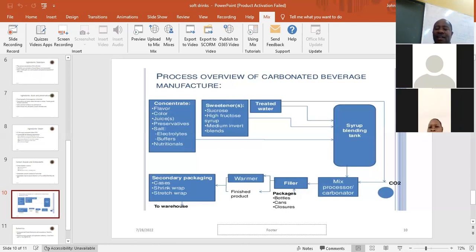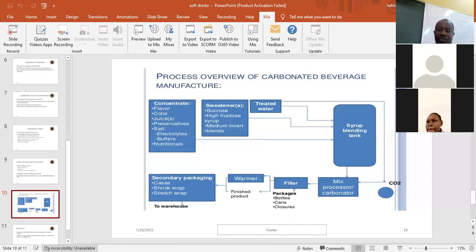So then after that, this is taken for packaging into bottles or cans or any other kind of packaging that is used. It could be plastic, it could be metallic, or it could even be the glass bottles that we know.